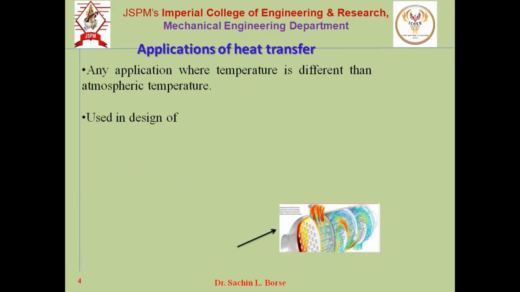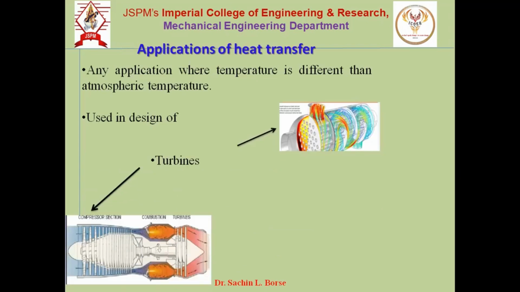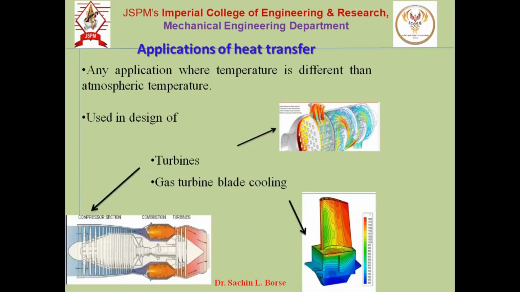Now, before going to this, we'll just see what are the applications of heat transfer. So wherever there is temperature difference between surrounding and the object, we call that the application of heat transfer, like gas turbines, then heat exchanger.